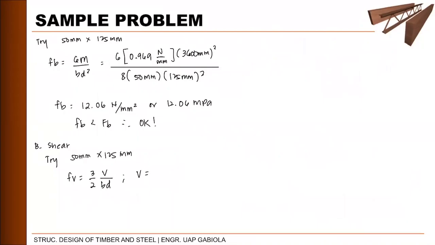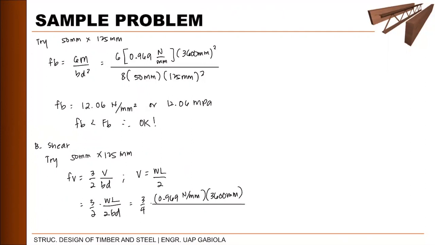So, sabihin natin that V is equals to W times L over 2. So, we have 3 halves times WL over 2 BD. Okay? So, ito magiging 3/4 times yung value ng W natin, 0.969 Newton per mm, times yung length natin at 3,600 mm, divided by yung BD na lang natin, 50 mm times 125 mm.